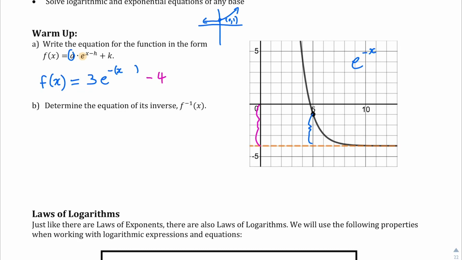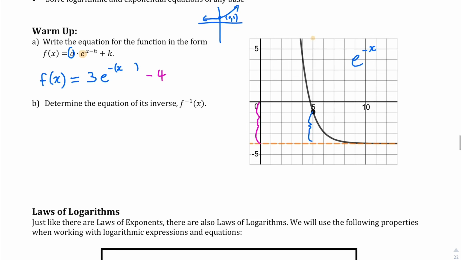Then we also need to take into consideration that ordinarily the vertical axis passes through our anchor point, and that axis has been shifted a total of 5 units to the right-hand side, so I'm going to fill in the h value as 5. And so there's our f of x function for the given transformed graph.